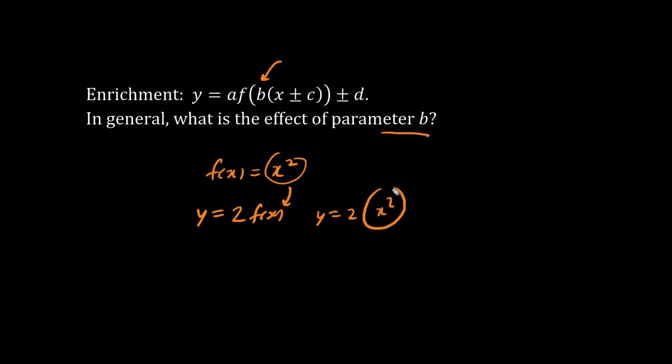We just use substitution. This a value affects the vertical height. We multiply the y values by a. And when we say y equals 2 times f of x plus 3, this here is the d value, and we know the graph goes up by 3 units.